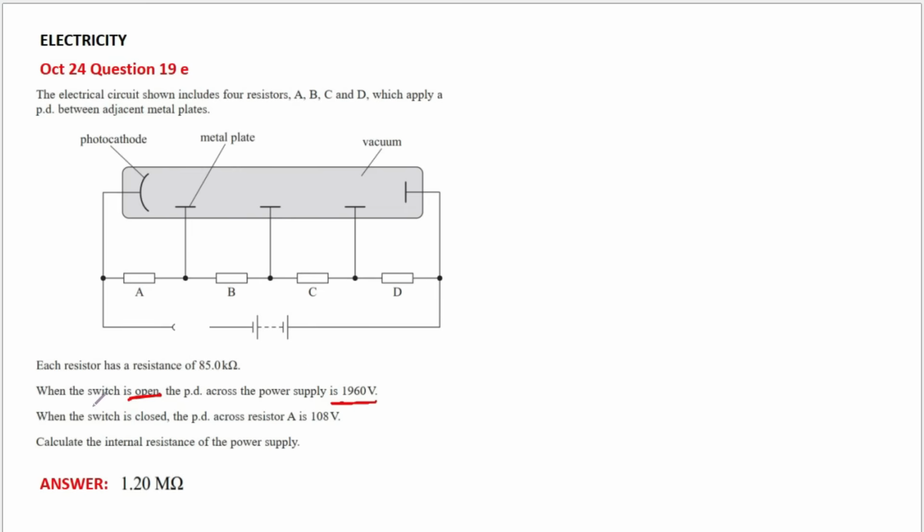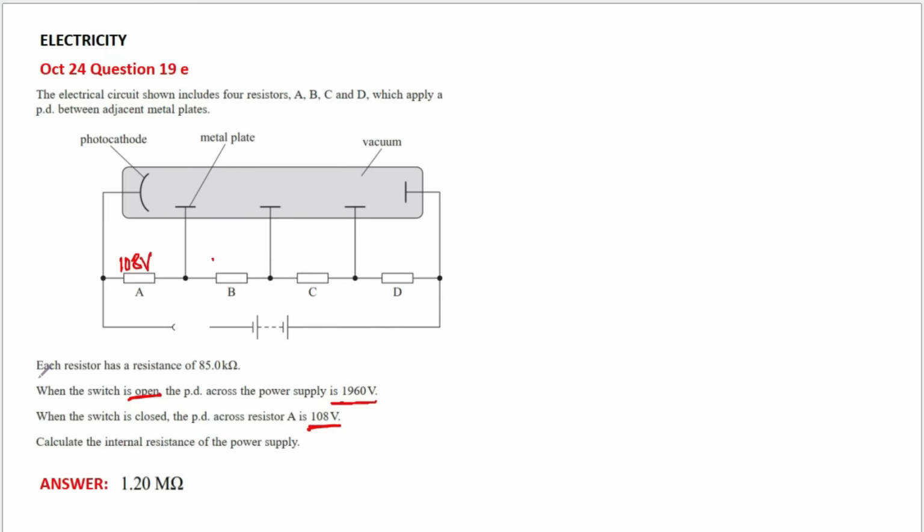And next up you have, when the switch is closed, the PD across resistor A is 108, right? This is 108. And how many resistors do we have in total? 1, 2, 3, and 4. So this is 108 volt, right?